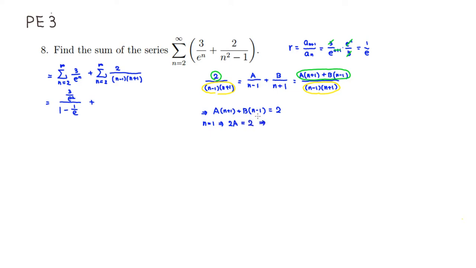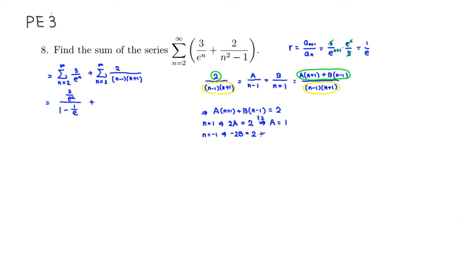We can simply divide through by 2 to get the a value: a is equal to 1. If you want to find the b value, we can set n equal to negative 1. That way negative 1 plus 1 is 0, and negative 1 minus 1 is negative 2, so negative 2b is equal to 2.